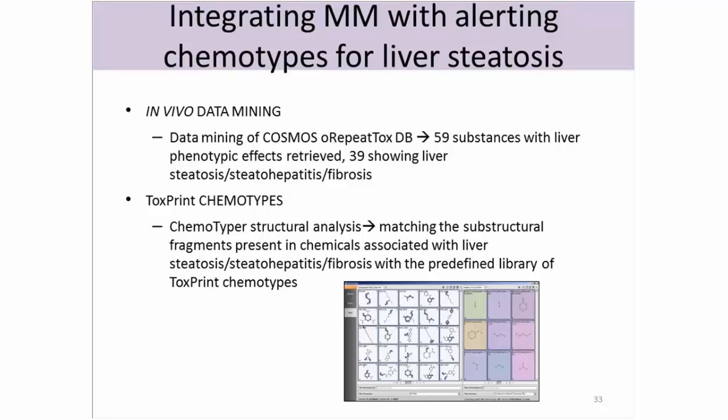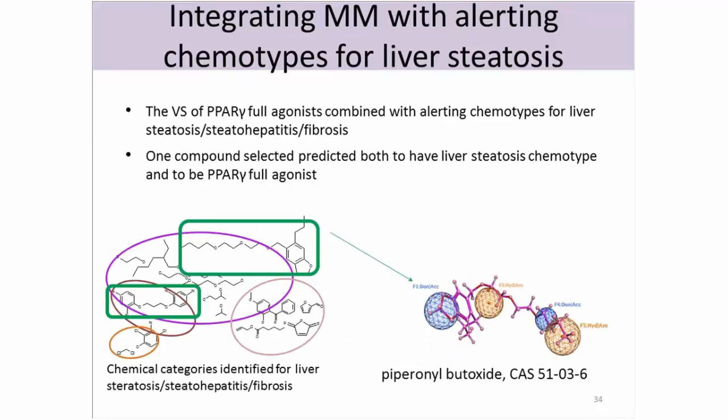So we mixed the two. We applied molecular modeling and the structural alert that was found with ToxPrint, and we found that this structure was positive with both. It is piperonyl butoxide, which is in effect a hepatotoxic molecule and active towards PPARγ.